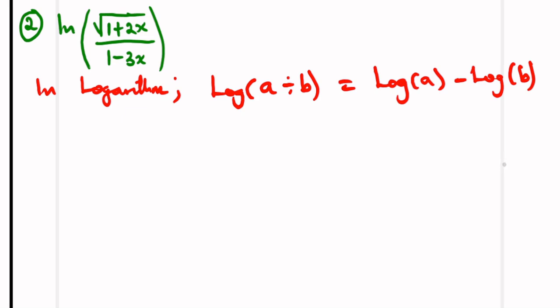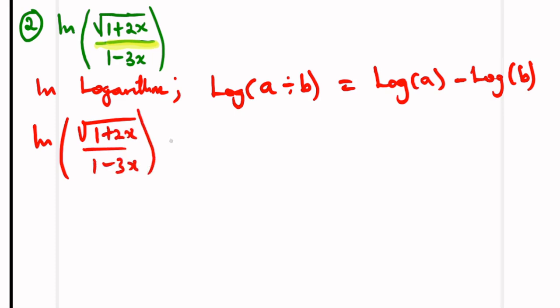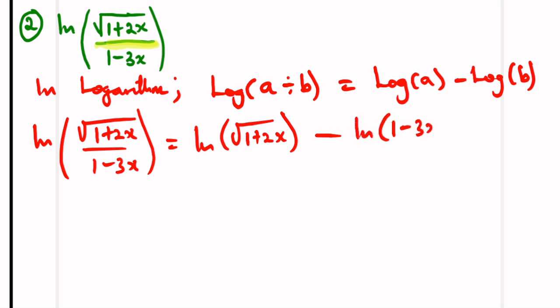In this case we have our division here, so we have the natural log of root 1 plus 2x over 1 minus 3x. We're going to express this as the natural log of root 1 plus 2x minus the natural log of 1 minus 3x.